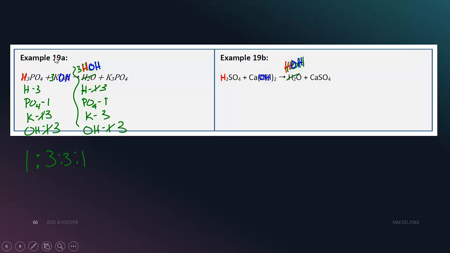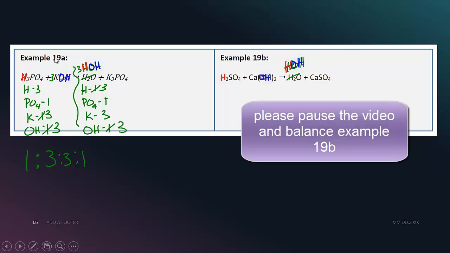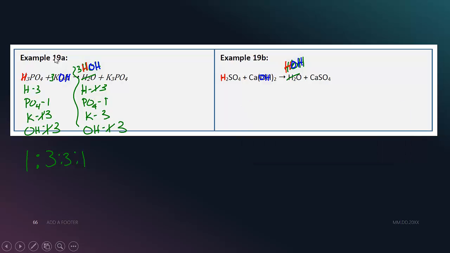Now with that little hint, let's see if you can balance number 19. Please pause the video and try number 19, letter B. You only needed to put a 2 in front of water to give you the 2 hydrogens and 2 hydroxides that you started with. So the coefficients being 1 to 1 to 2 to 1.